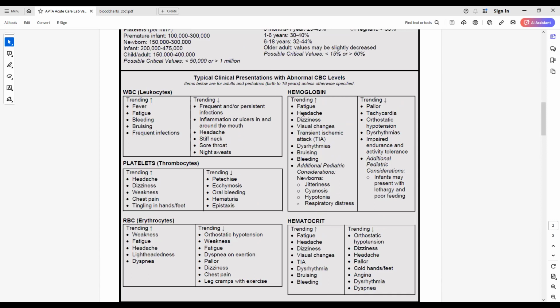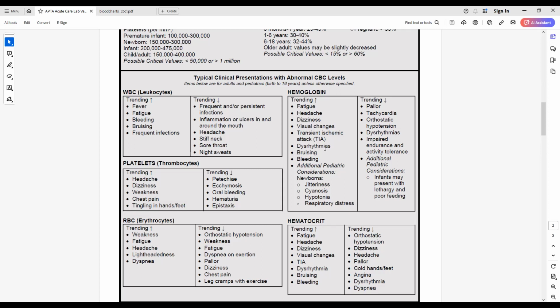Increased hemoglobin, there might be fatigue, headache, dizziness, visual changes, transient ischemic attack, which is very dangerous because the patient is susceptible to have a stroke. A transient ischemic attack is ischemia which happens to the brain tissue for more than 1 second and less than 24 hours, but usually it does not result in damage.